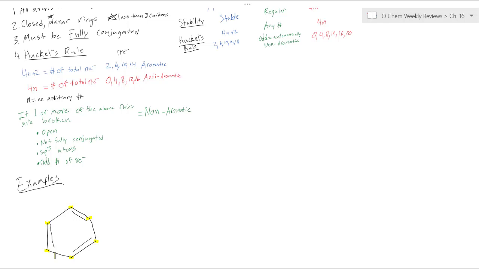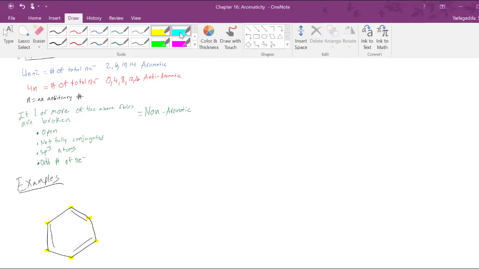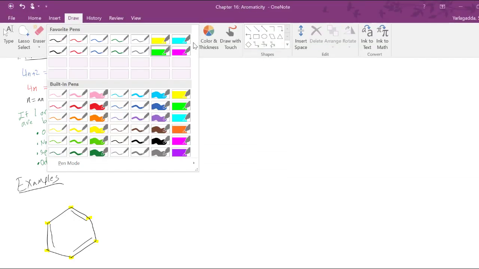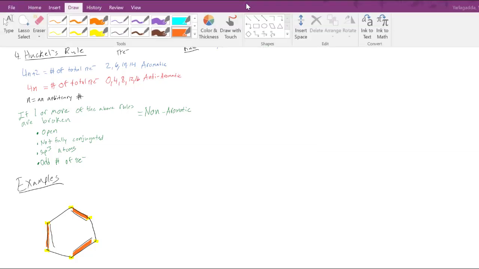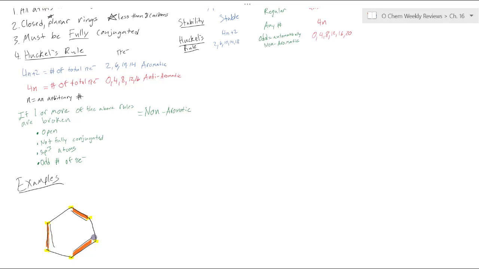So if you notice, we have a double bond, single bond, so double, single, double, single, double, single. Okay, so that means we are fully conjugated in our benzene ring. So that rule also applies.